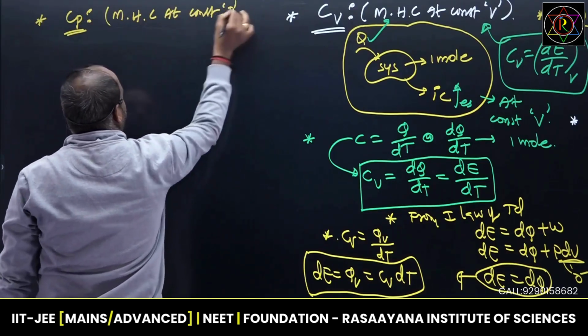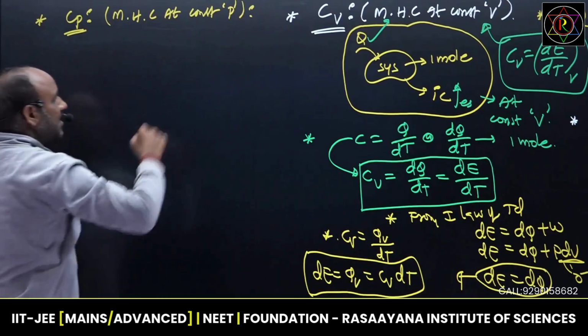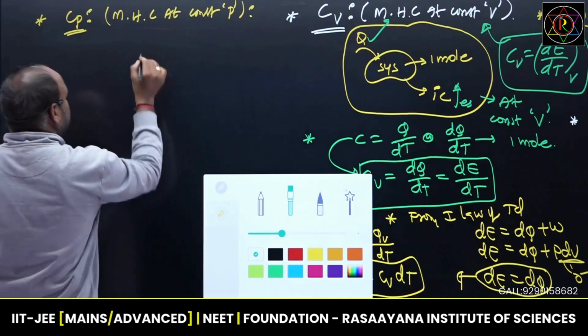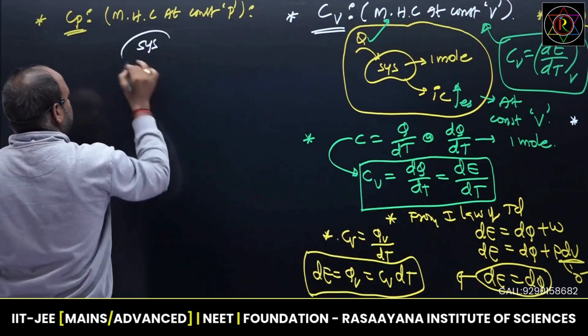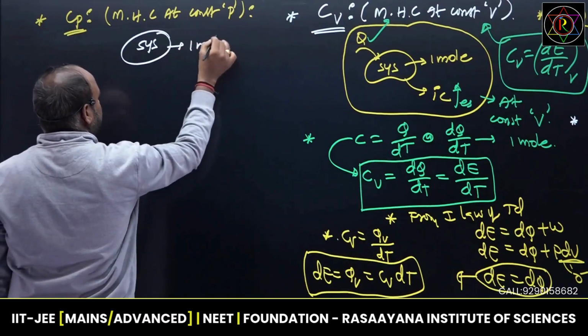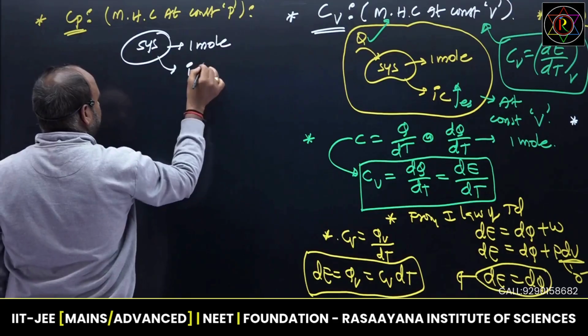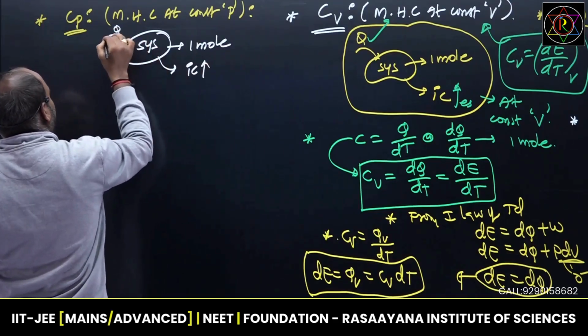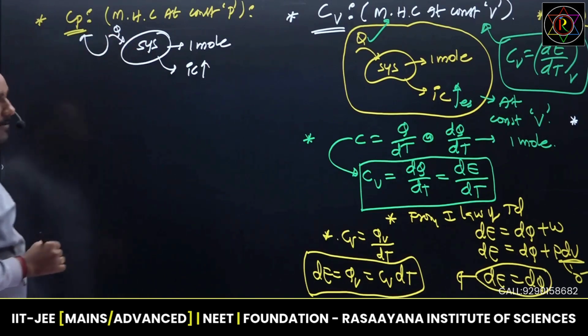The definition also will be the same. So we have to consider the system consisting of 1 mole of substance. We want to raise its temperature by 1 degree centigrade. How much amount of Q is required? That is known as Cp.